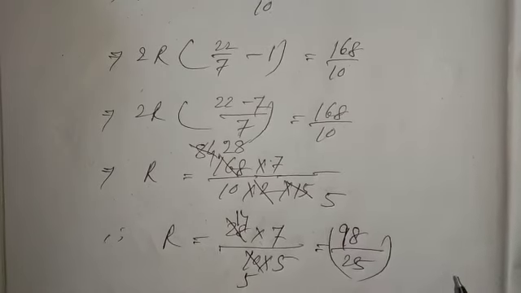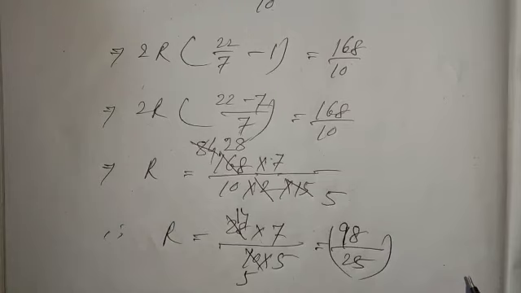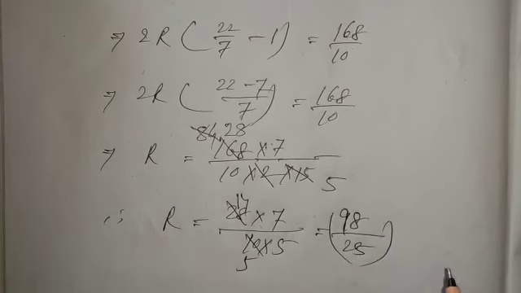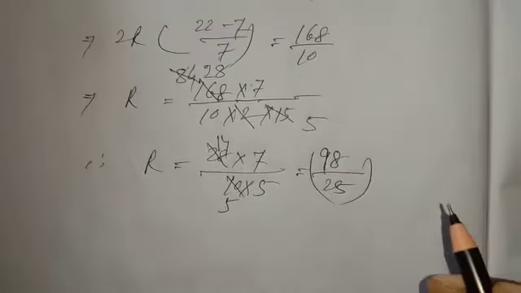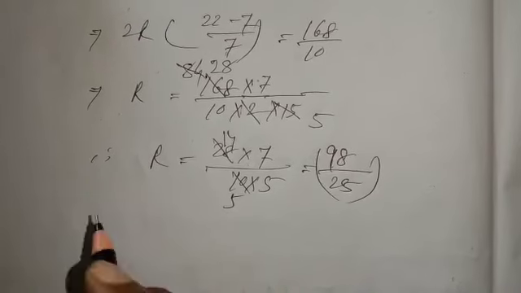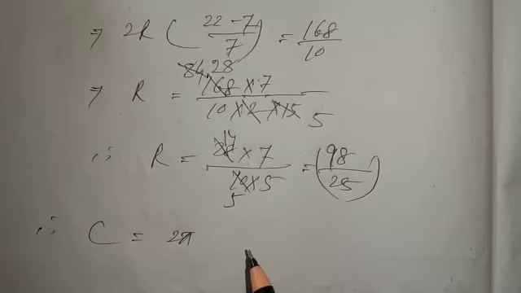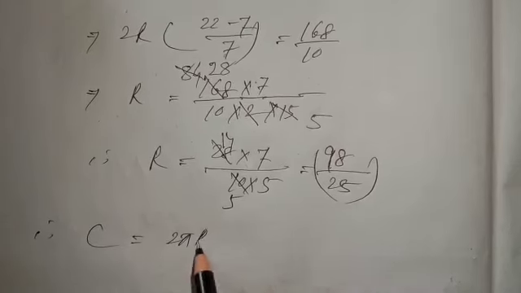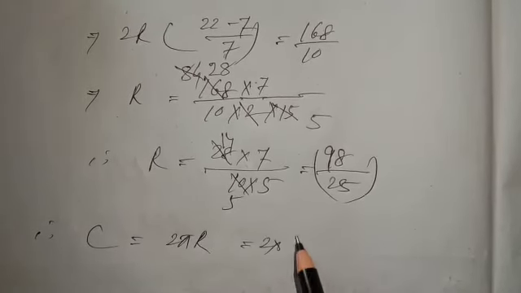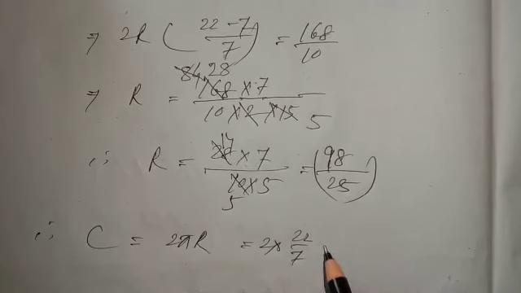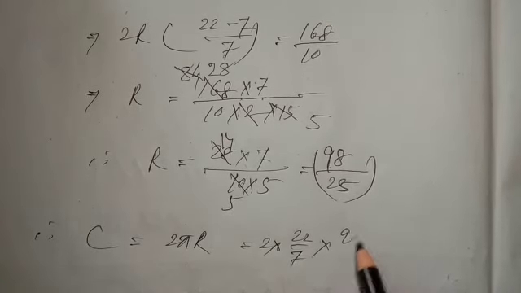This is the radius. And what you would find out is the circumference of the circle. The circumference formula is 2 pi r. 2 pi means 22 by 7 into radius 98 by 25.